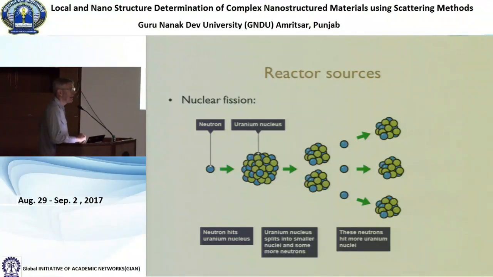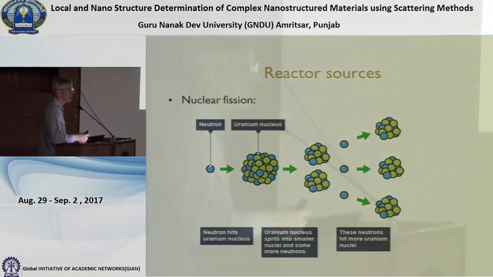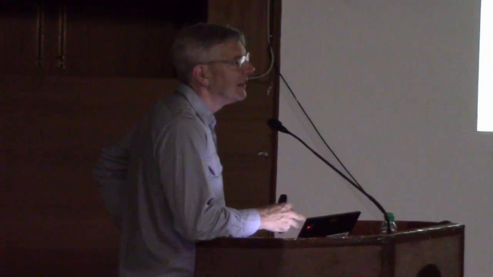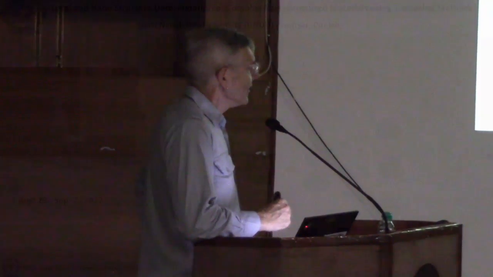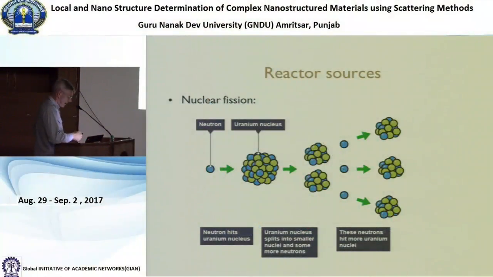Historically, they would take weapons grade uranium, the kind of uranium that's been enriched with uranium-235 that you could actually make a nuclear weapon out of. And we physicists love that because it produces very high fluxes of neutrons in a very small space. Obviously you don't want it to explode, so you make it subcritical, but your core looks like that.